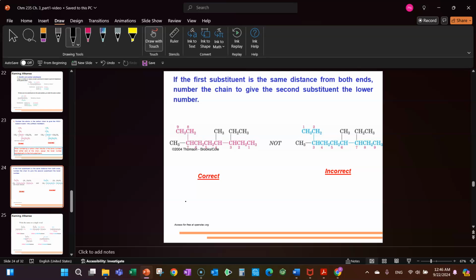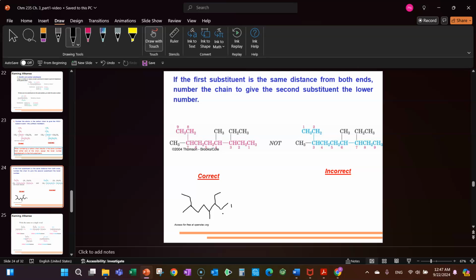Okay, so for example, this one, draw 1, 2, 3, 4, 5, 6, 7, 8. Then here we had this one. So I just redrew the top compound in a skeletal structure, and you can number from here.